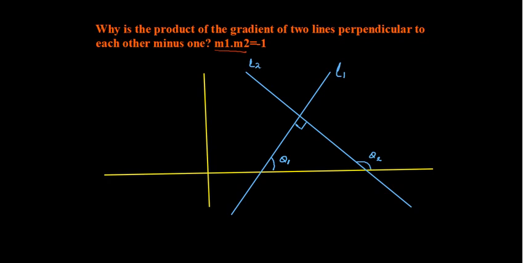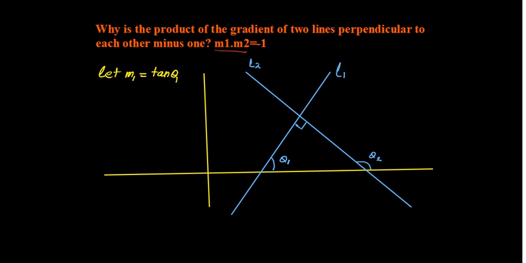Let me say that the gradient of L1 is, we say let gradient of L1, and gradient is represented by m, so is tan theta 1. Okay, that is the gradient of L1.